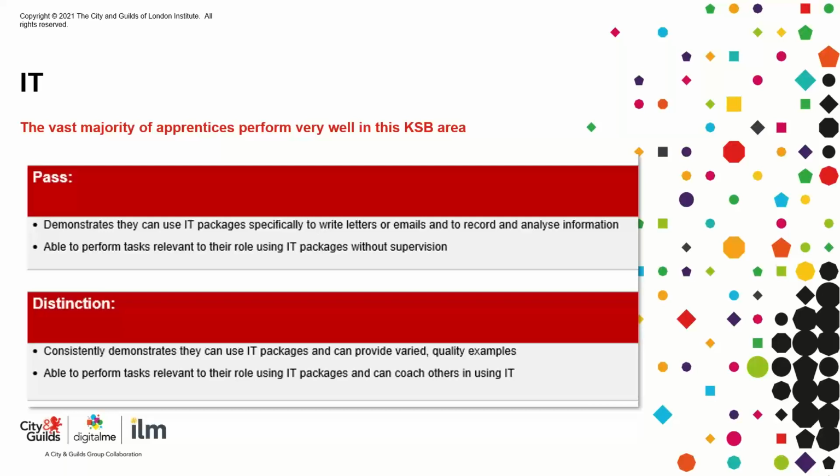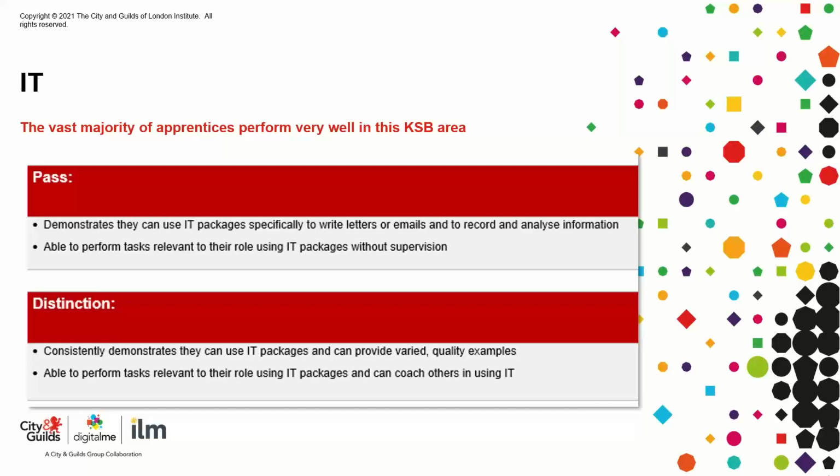Okay, so I'll look briefly at each of the KSB areas and where apprentices tend to struggle to gain all of the marking criteria. Let's look at IT first. The vast majority of apprentices perform very well in the IT KSB area.